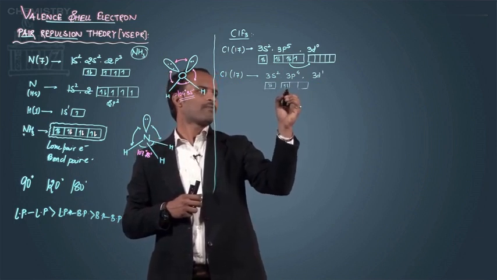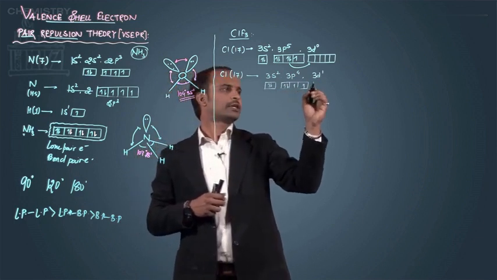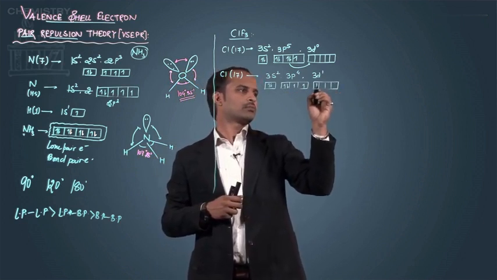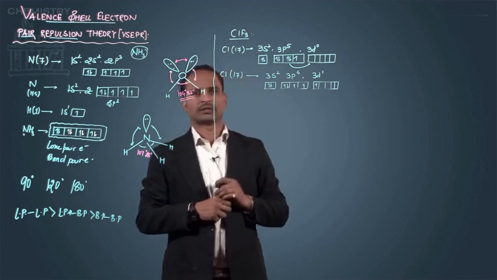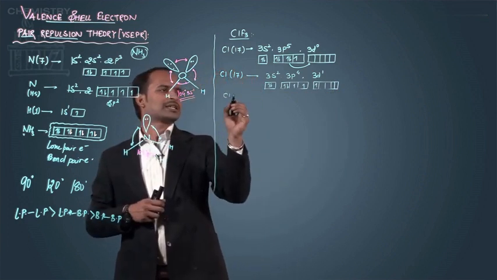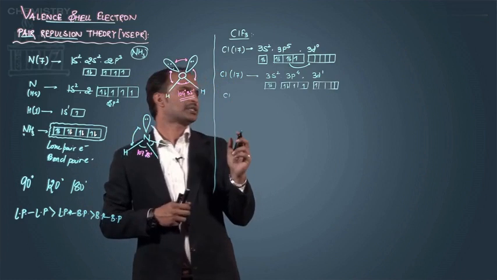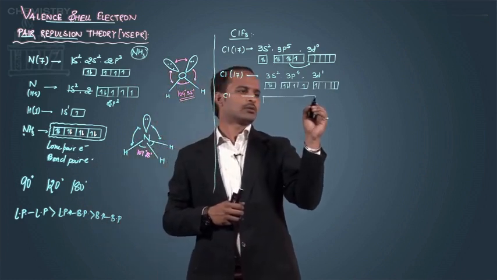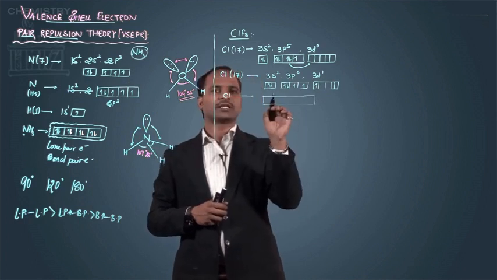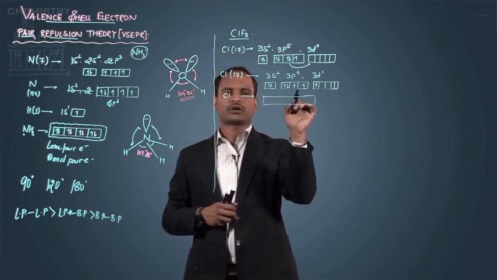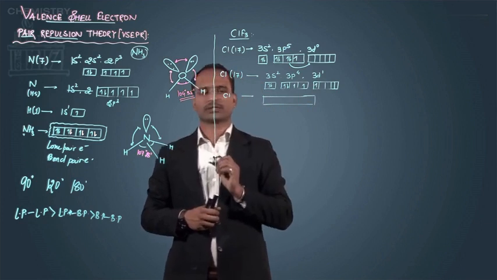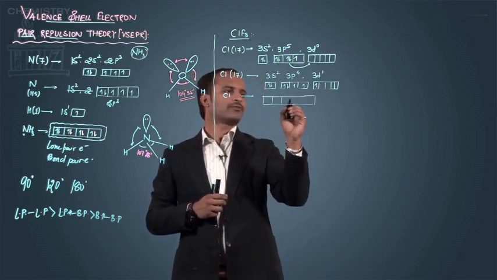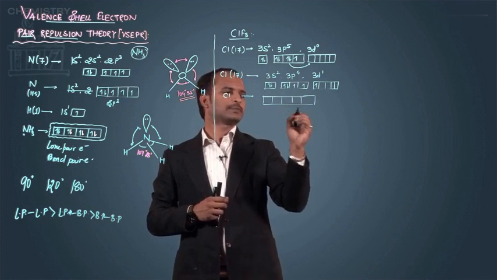Now chlorine undergoes sp3d hybridization, that is, s, 3 orbitals from p and 1 orbital from d, so we have 5 new orbitals formed.